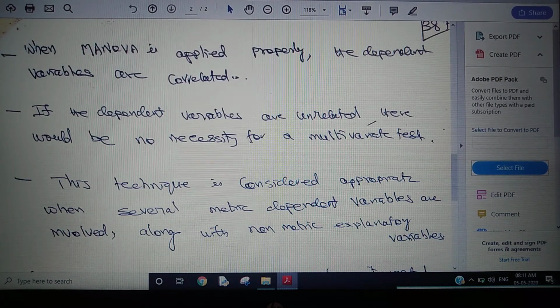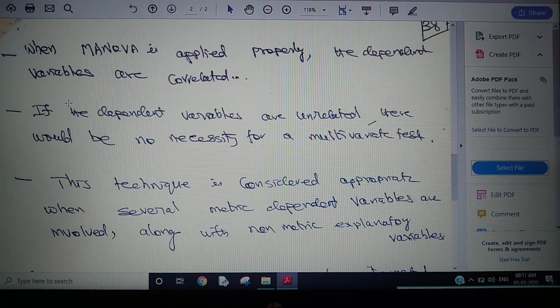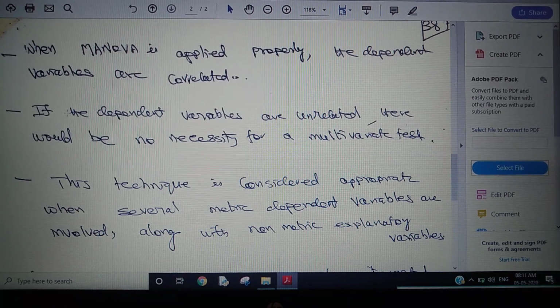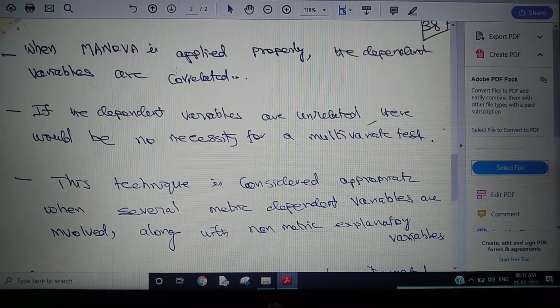So what I am saying is, the MANOVA test is meant for two dependent variables that are related and correlated. We are in a problem where there are two dependent variables that are correlated, having some relationship, having some association.